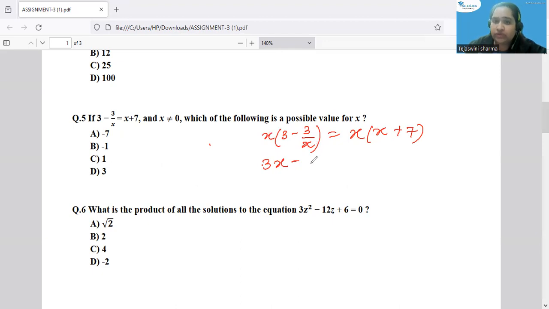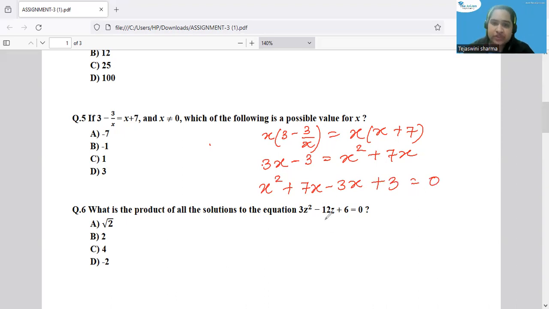Now x will remove the present x in the denominator, and you will have 3 remaining here, and then x to the power 2, and then 7x. Transposing every term together to one side, you will have these values on the left side of the equation, and on simplifying it more, you will have this.